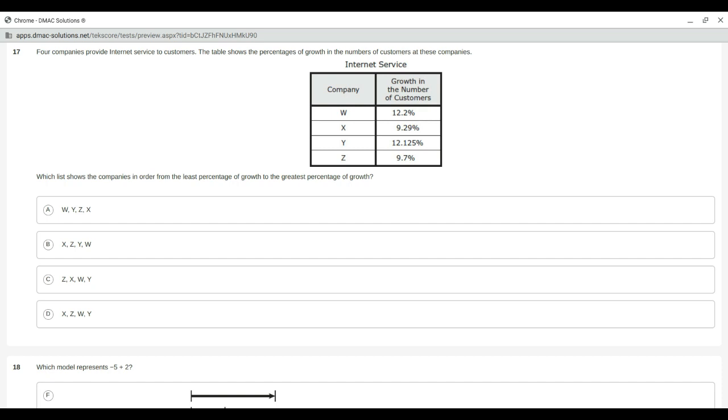Which list shows these companies in order from least percentage of growth to the greatest percentage of growth? A, W, Y, Z, X. B, X, Z, Y, W. C, Z, X, W, Y. D, X, Z, W, Y.